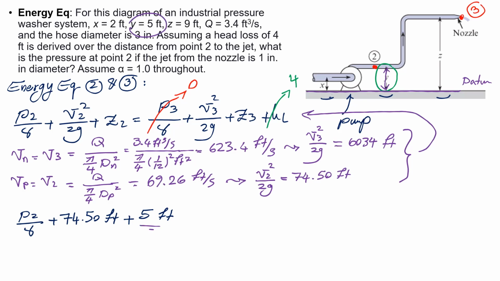And then this should be equal to 9, and then 4 is my head loss.